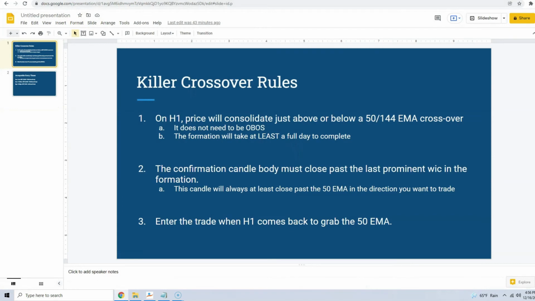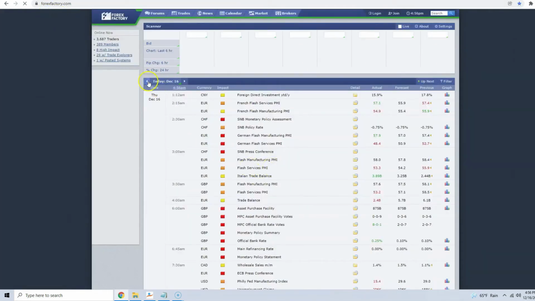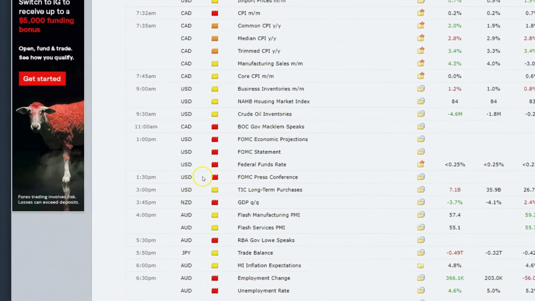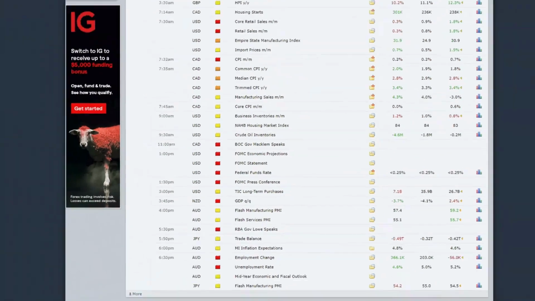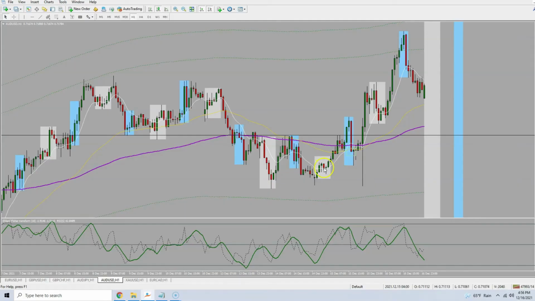Because if I go to forexfactory.com and we look at yesterday, at 1 o'clock, we had FOMC news. Now, when you're talking about FOMC, this trade happened within our appropriate trading times. Cool.